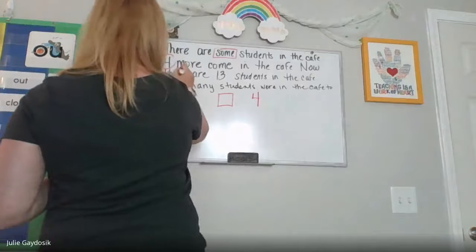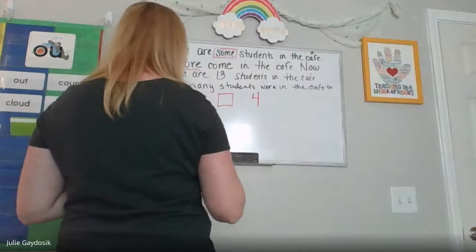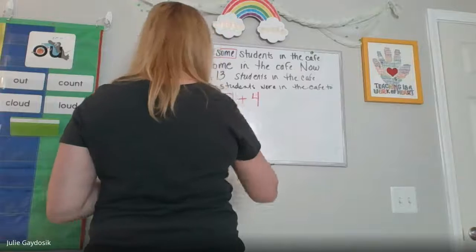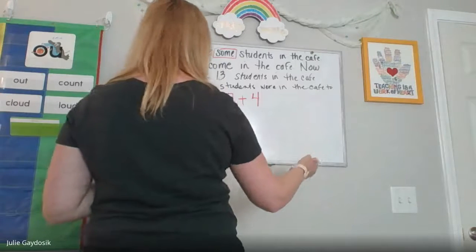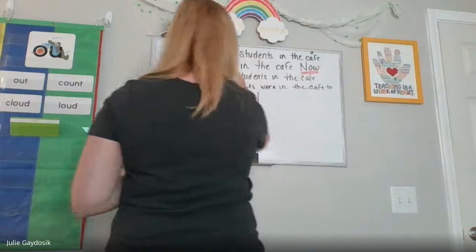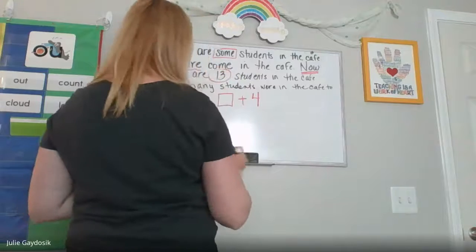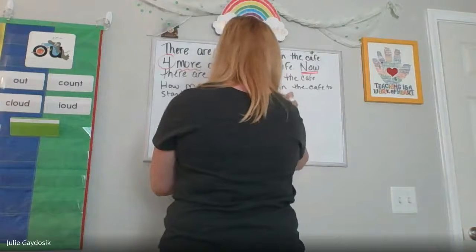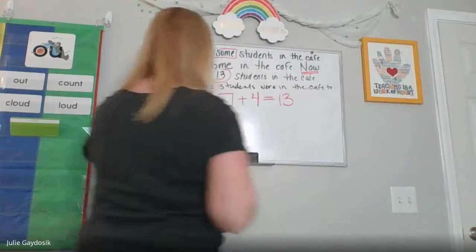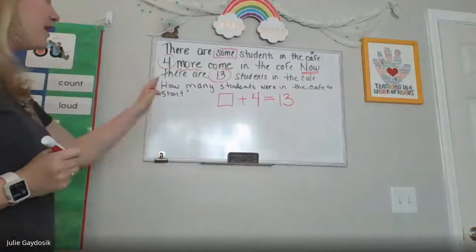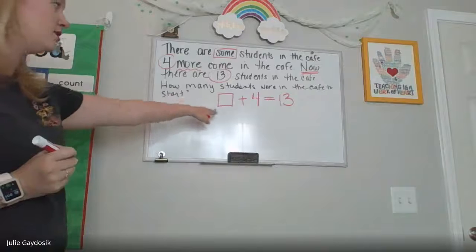Okay. 4 more means addition. 4 more come into the cafe. Now there are 13 in the cafe. How many students were in the cafe to start?